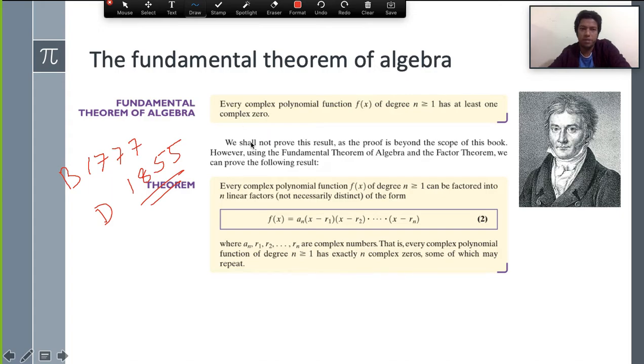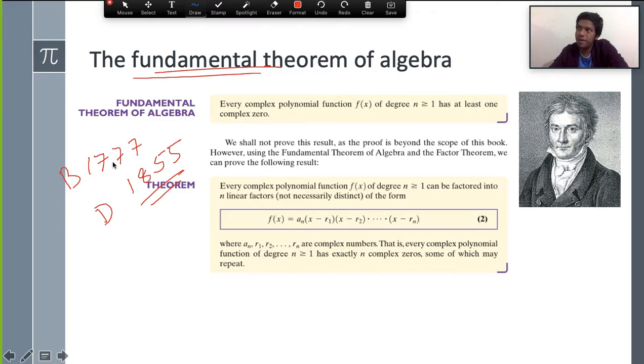He developed the fundamental theorem of algebra. Such a strong word, fundamental theorem of algebra. A fundamental theorem of any subject, any topic, means that this theorem is so important. This is one of the central concepts of entire algebra.